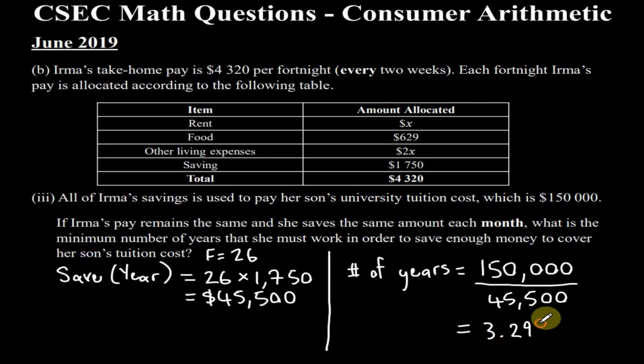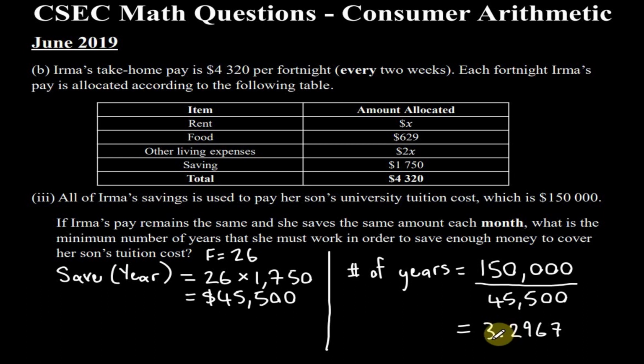So this cannot be our answer based on how the question was asked, right? So they asked us, what is the minimum number of years? Now, we know that 3.2967, and we know that there were some other decimal places there, is greater than 3, the whole number 3, right?